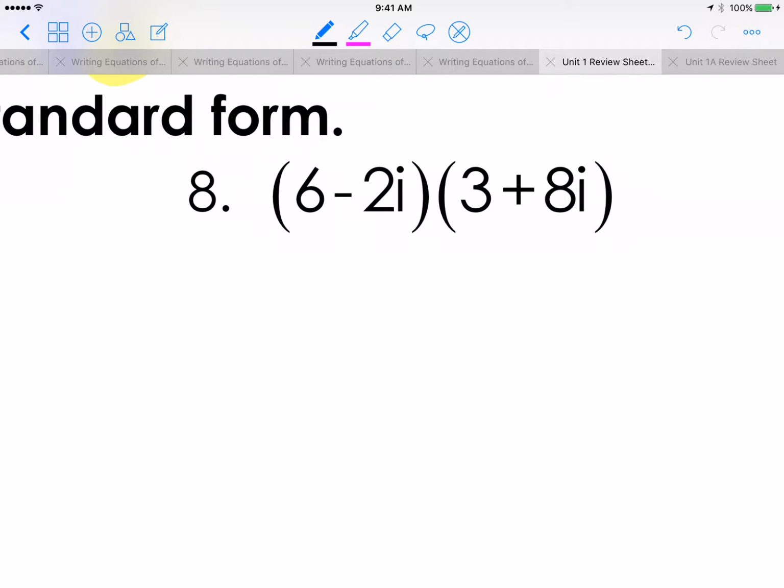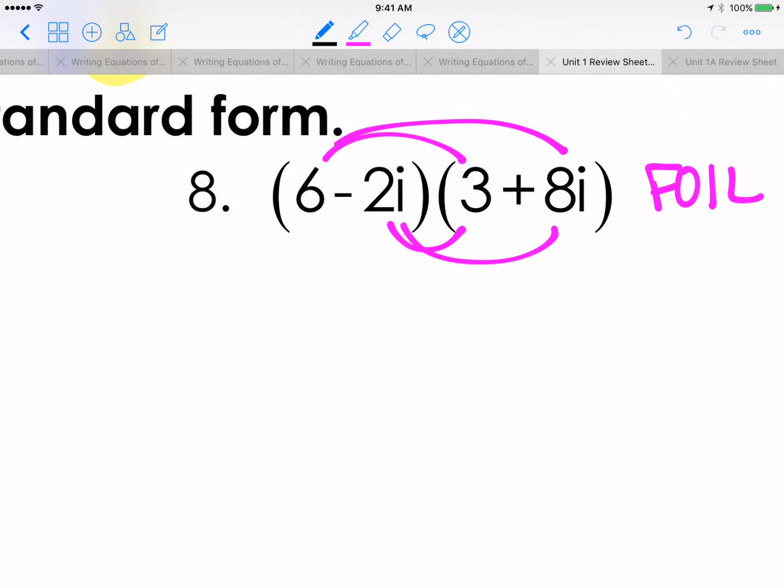Okay, this one, we do multiply. It is a multiplication problem, so we FOIL. So 6 times 3 is 18, plus 6 times 8i is 48i. Negative 2i times 3 is a negative 6i.